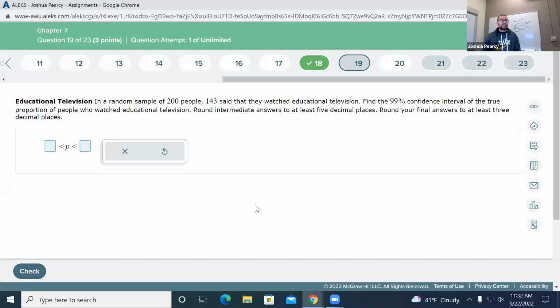This thing, same idea. In this case, what would be the population proportion? In a random sample of 200 people, 148 said they watched educational television. What is p hat? It's the proportion of people who watched educational television, 143 divided by 200, 0.715.